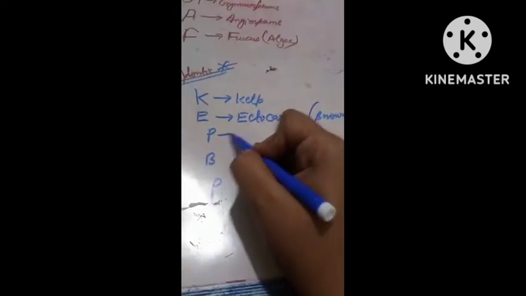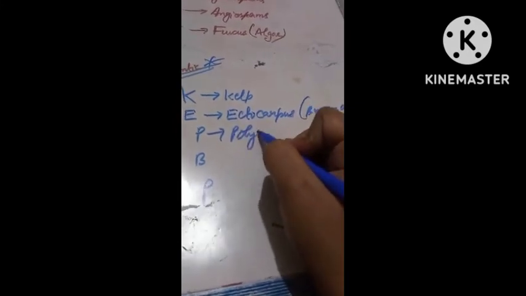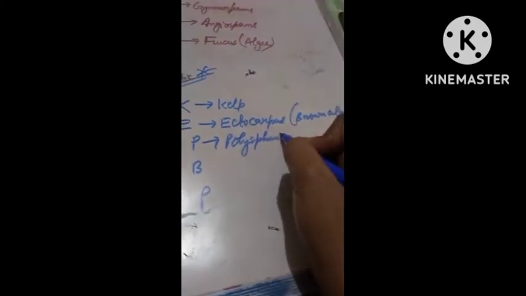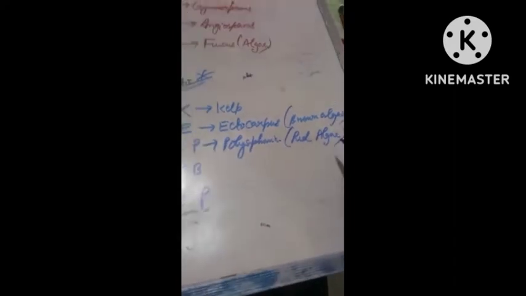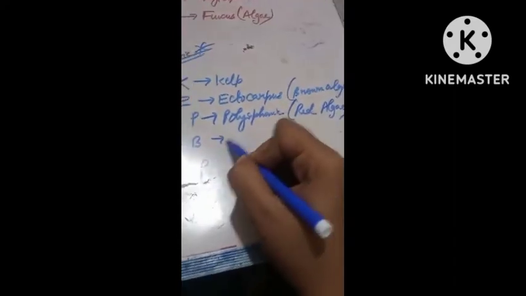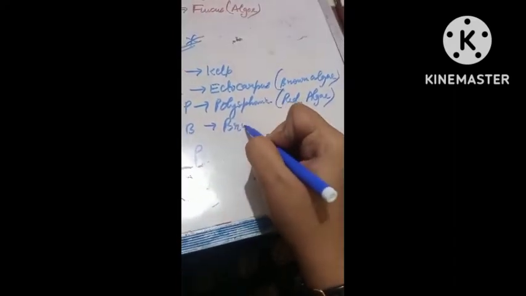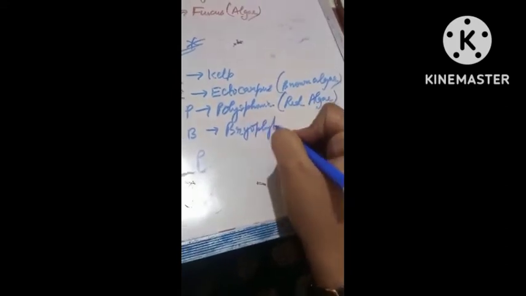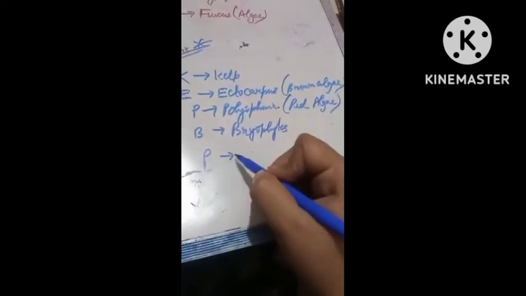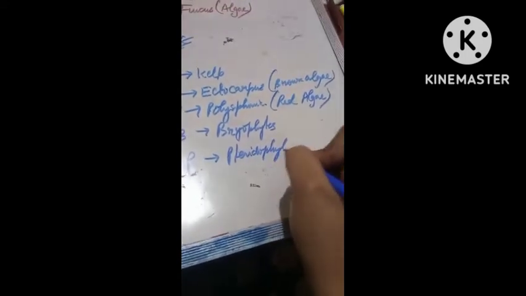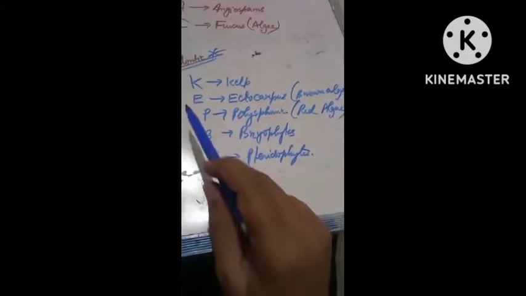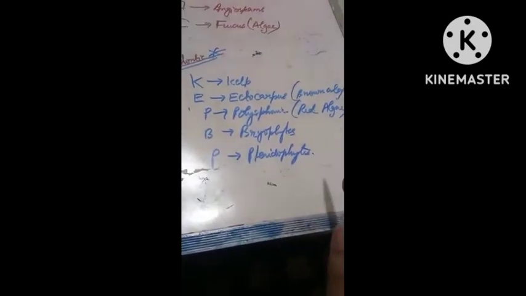P represents Polysiphonia, a red alga, red great jelly polypody, as I have told you in the mnemonic. B represents bryophytes, and P represents pteridophytes. So KEPBP. Very important.